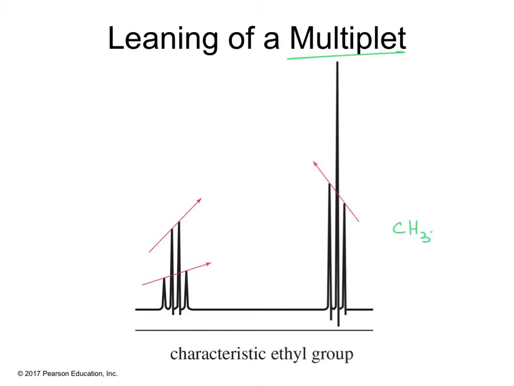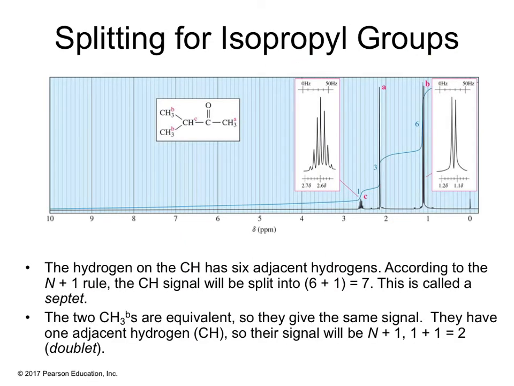So an ethyl group is this. Okay, so here you have this one here is a quartet, and this one would be a triplet. Okay, so this would be the triplet here, and then this would be the quartet. Okay, so isopropyl groups here.